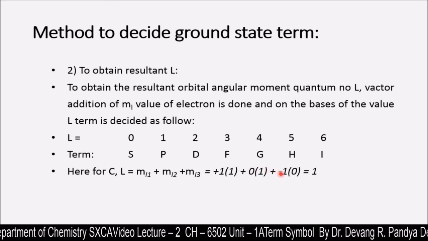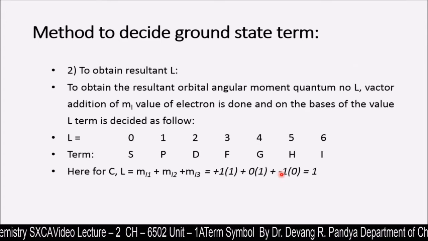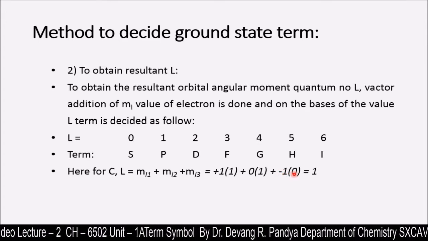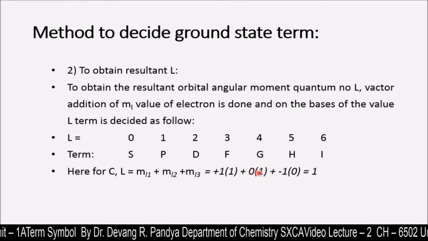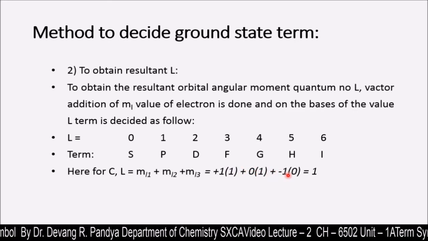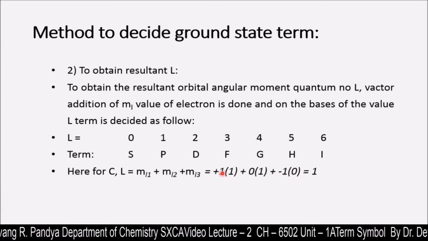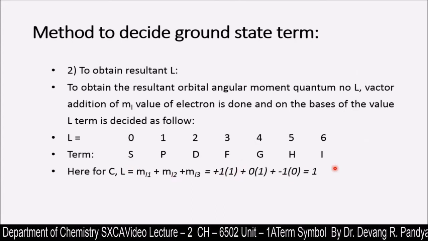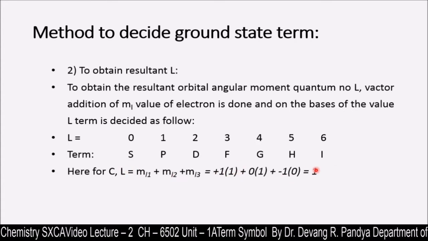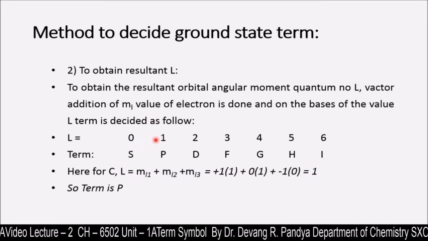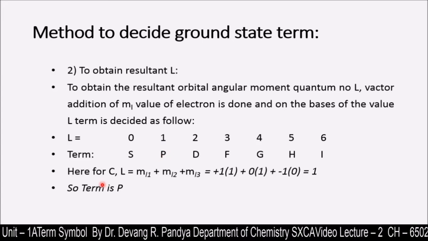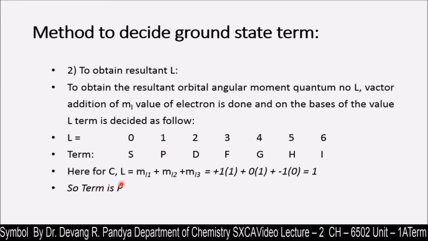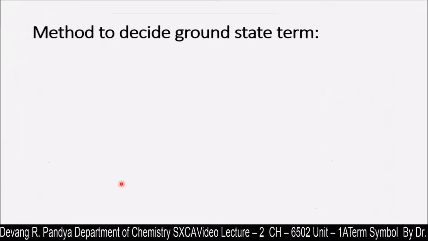For -1 I haven't any electron in the configuration, so I put 0 here. So 1 into 1 plus 0 into 1, that is 0, plus -1 into 0, that is 0 as well. So I get the value for capital L as 1, and for L value 1 we should assign term P. So here the term should be assigned as capital P. So we have decided the term.